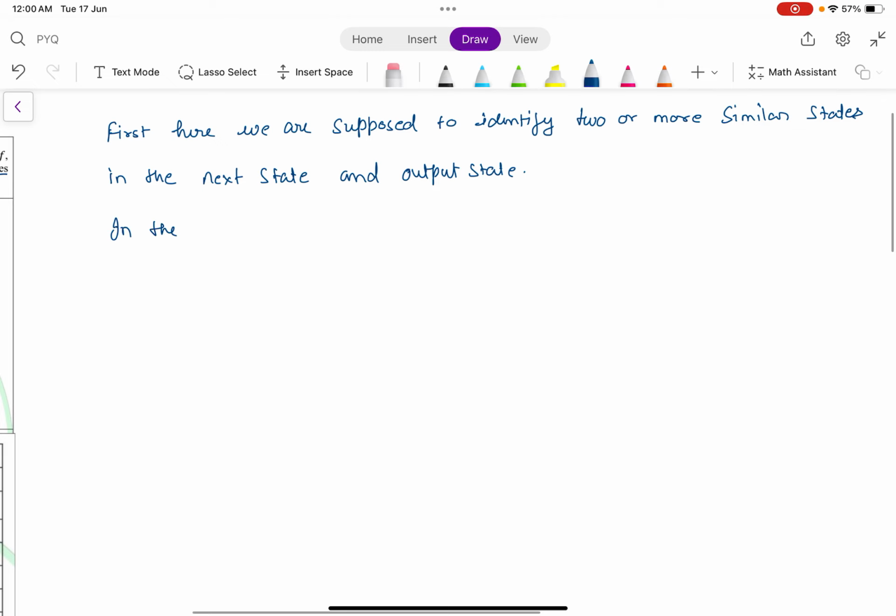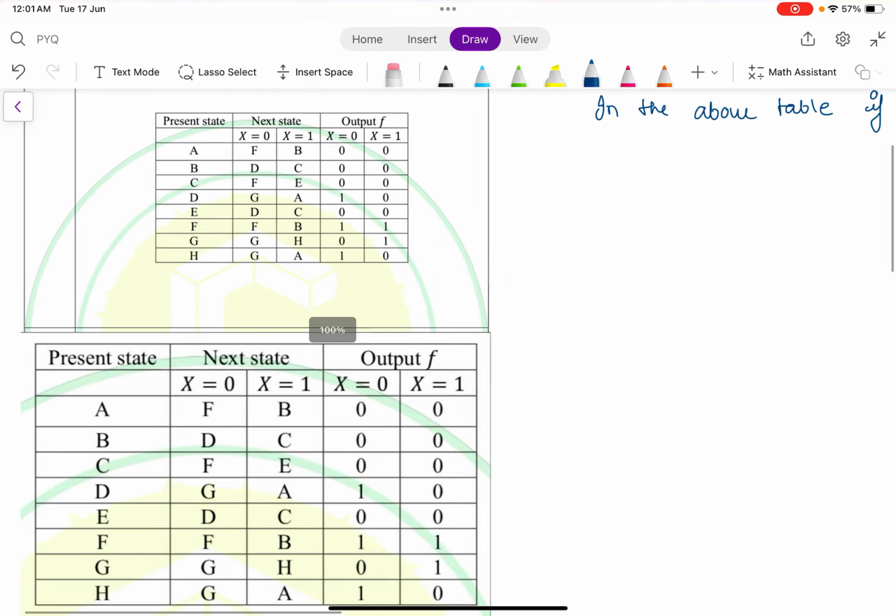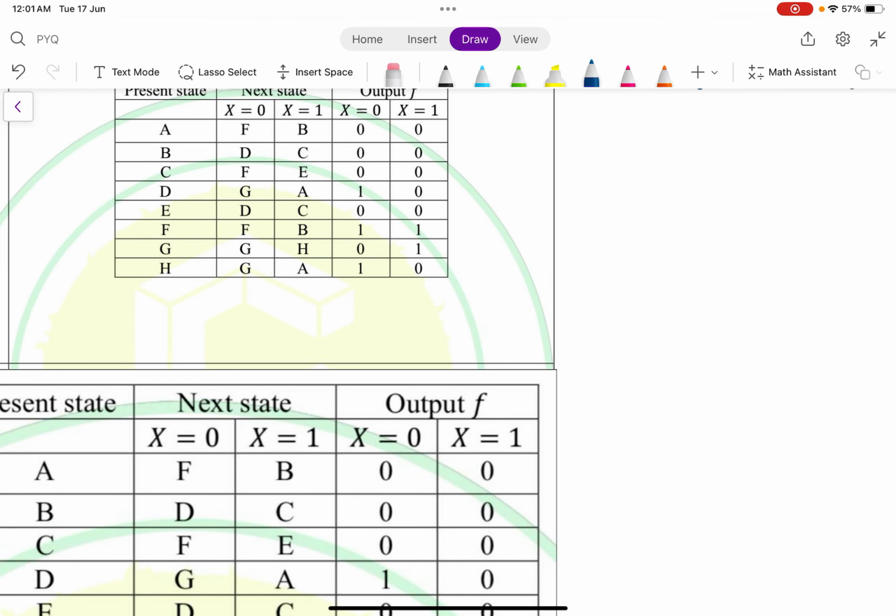In the above table, if we observe, you can see here, states G and A got repeated with the same outputs 1 and 0. The next state is G and A, and G and A got the same output 1 and 0.